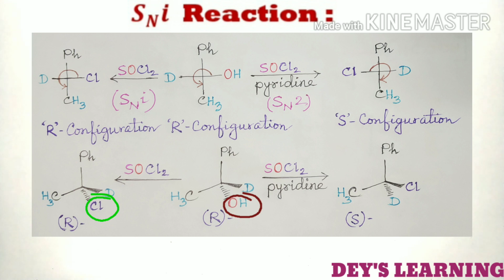So the R configuration remains R, and in presence of pyridine, the configuration is inverted. Look at here very closely. Here D was present in the above the plane bond, and here D comes to the below the plane bond, and here OH was below the plane bond and Cl exists at the above the plane bond. So the configuration is inverted. So this is the example of SN2 and SNi reaction.